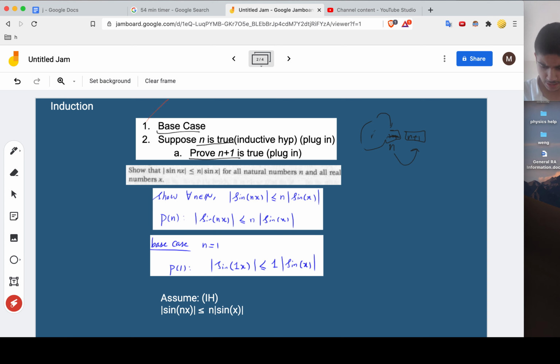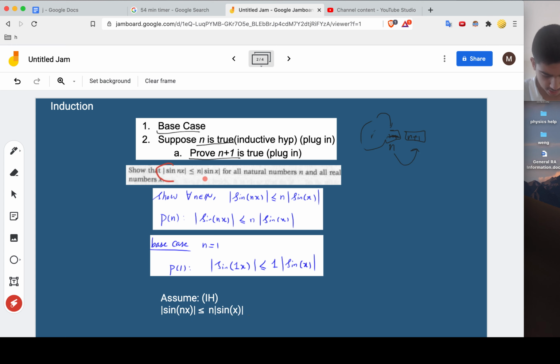Now we have to do the second step for induction. We suppose that n is true, and then we change the proof to prove that n plus 1 is true. We're going to assume what we want to prove is true, which is that sine of nx is less than or equal to n sine x.